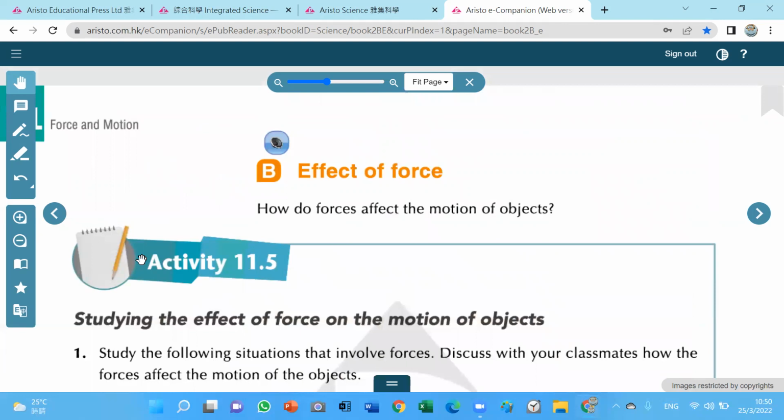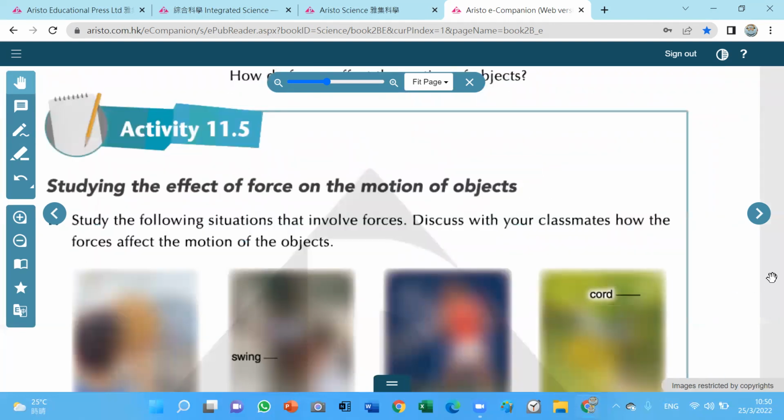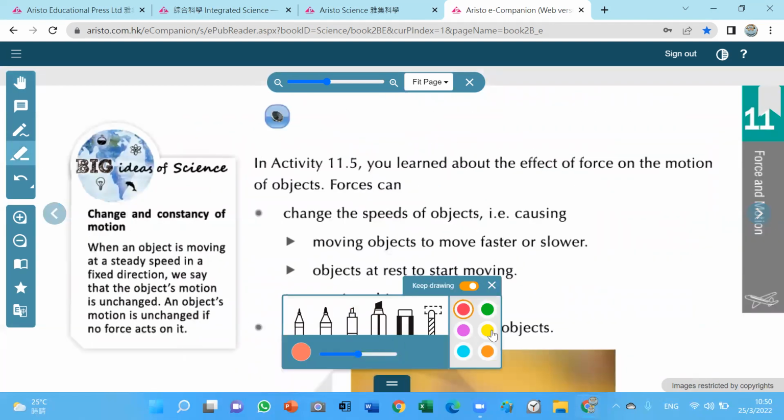Okay, so how do forces affect the motion of objects? So from activity 11.5, you learned about the effect of force on the motion of objects.